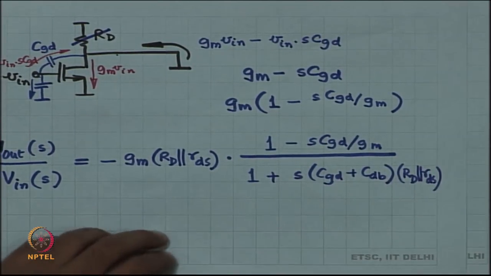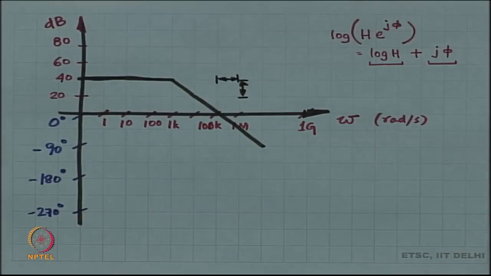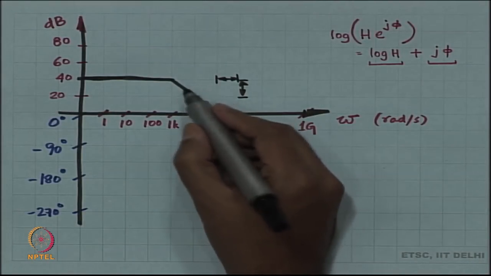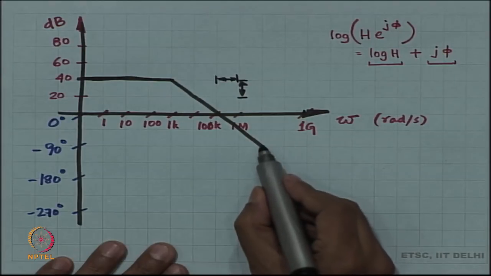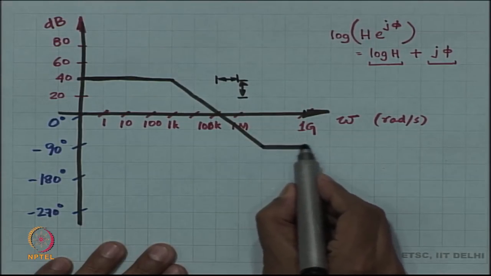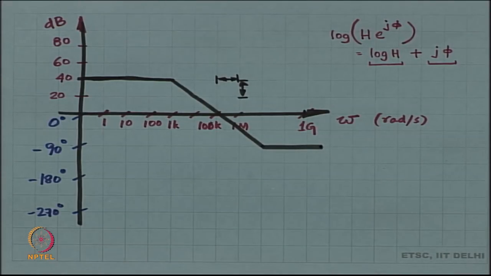So, this pole frequency is smaller than the 0 frequency. So, the pole arrives first, and then sooner or later the 0 comes, and when the 0 comes, the slope increases by 20 dB per decade.